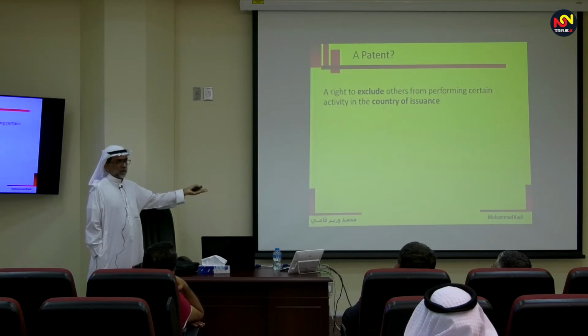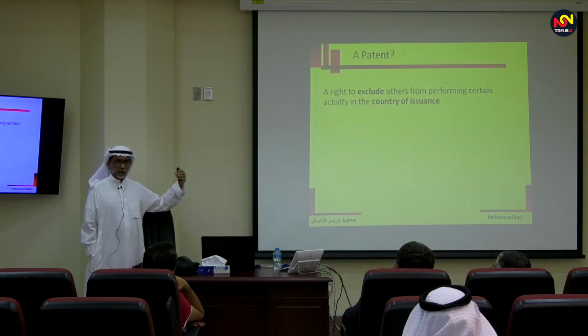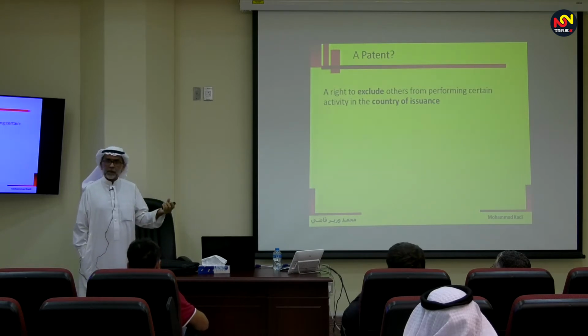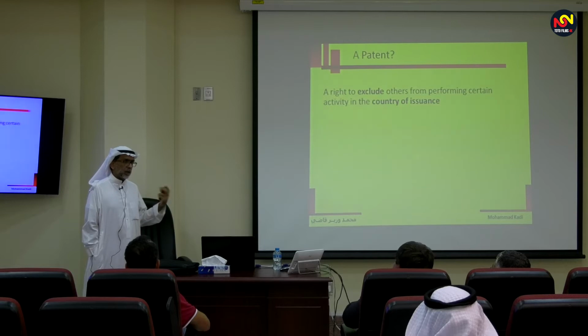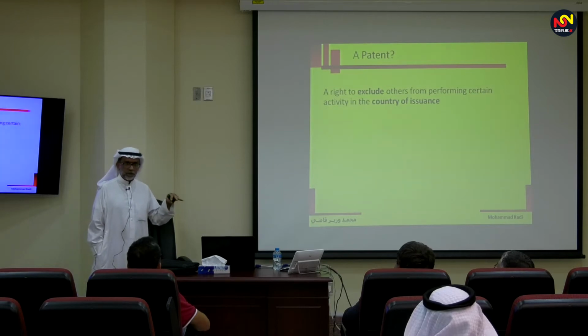So there is a company that will market the product, and it will see the prospects of generating money from the products. It will take the decision to protect it in many countries. So decisions are made like this.